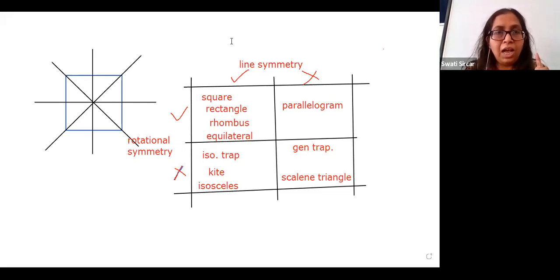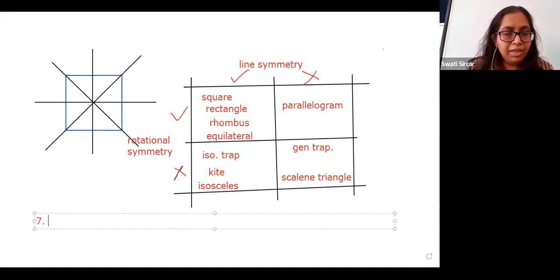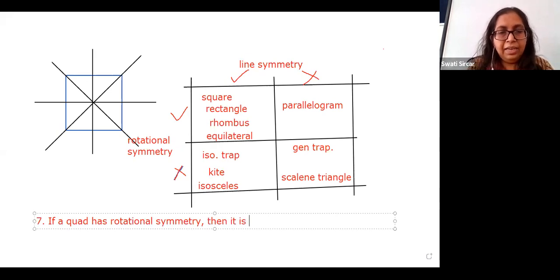But now, we had gone up to question 5, so I'll go into questions 6 and 7. If a quad has rotational symmetry, then it is... and you have to fill in this blank.